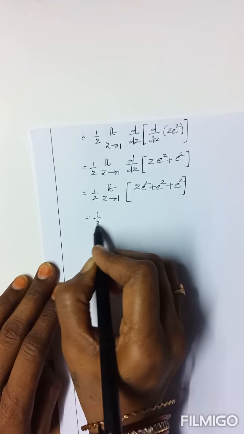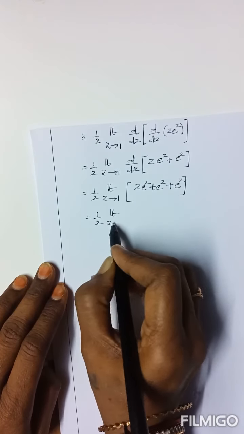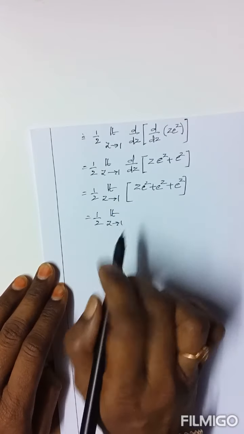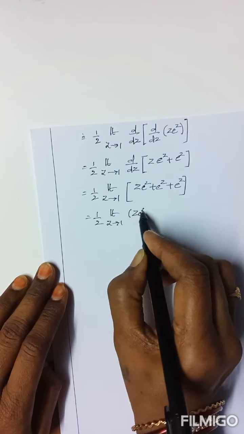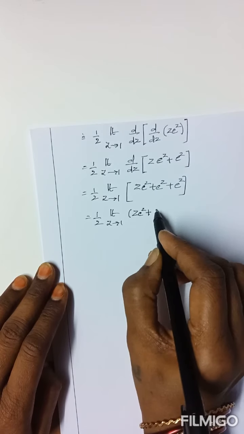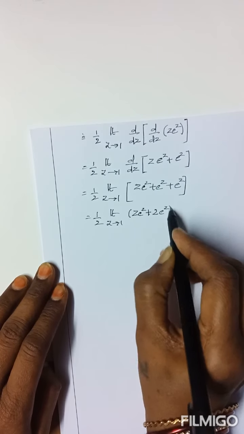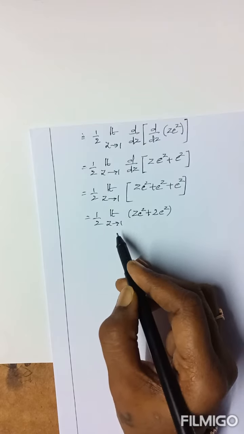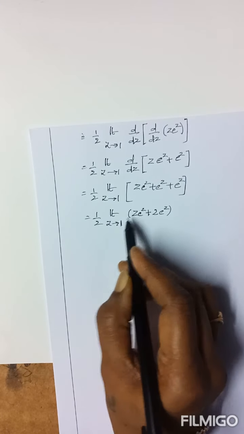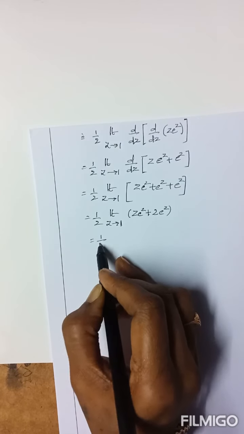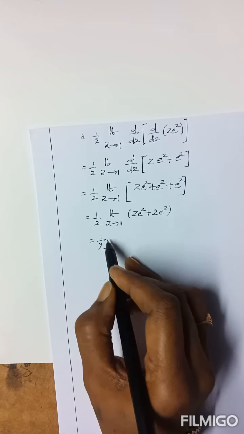That equals 1 by 2 limit of z tends to 1 of z e power z plus e power z plus e power z, which is 2 e power z. After that, the limit of z tends to 1: put z equals 1.